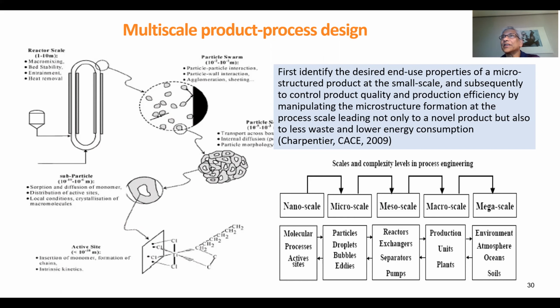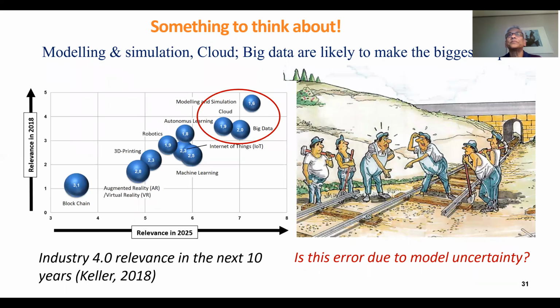First, identify the desired end-use properties of a microstructured product at the small scale, and subsequently control the product quality and production efficiency by manipulating the microstructure formation at the process scale, leading not only to a novel product, but also to less waste and lower energy consumption. Again, if we can do that, we can solve the product process design problems as well as find innovative solutions.